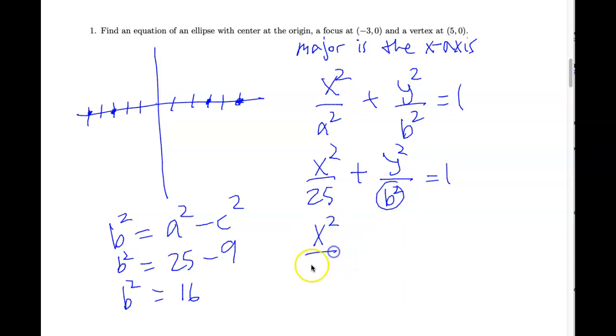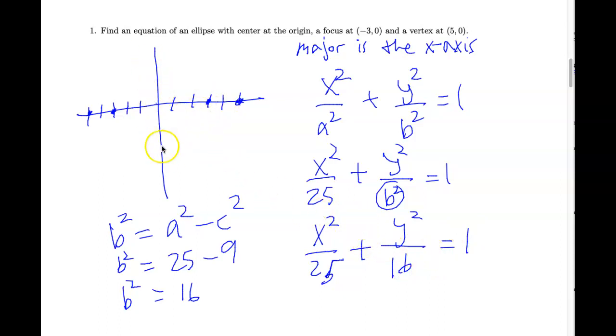So x squared over 25 plus y squared over 16 equals 1.